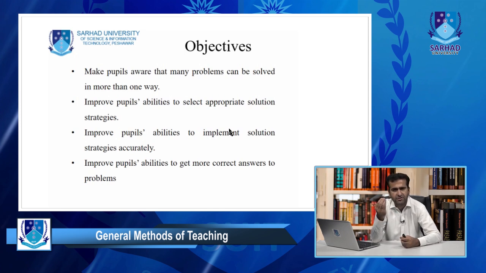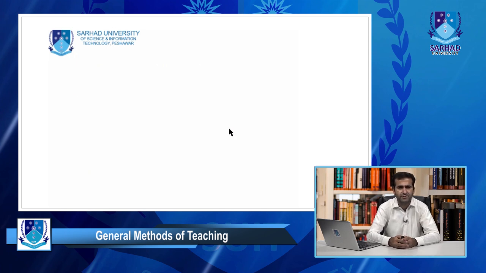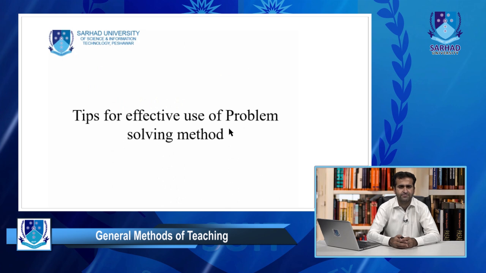As there are different, alternative solutions available, for every alternative solution the student needs to give a correct answer, saying this is another option through which we can solve the problem, and this one is another option. So, it is better to consider all these things. Now, there are a few tips for effective use of the problem solving method.